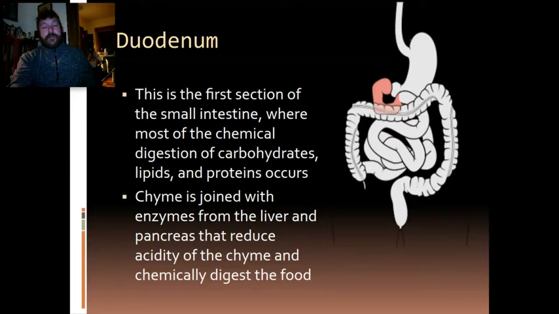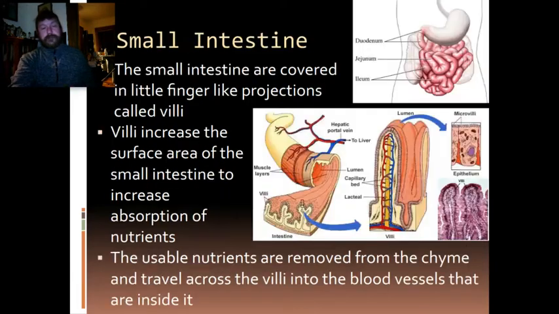It's right below the liver, so this is where the enzymes from the liver and the pancreas come in. They tend to reduce the acidity of the chyme and help to increase the rate of digestion of the food that you have swallowed.